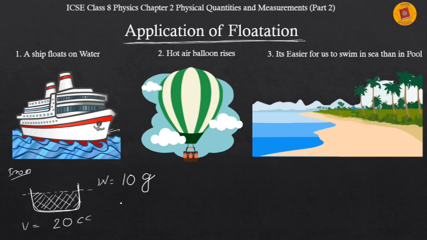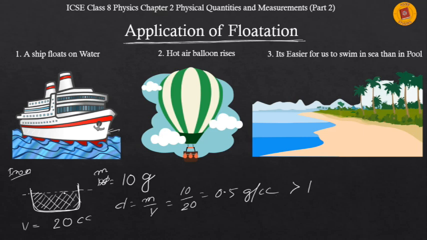Now what will be the density? Now it's not weight, let's take it to be mass. Mass is equal to 10 gram. D is equal to mass by volume. So it will be 10 divided by 20 is equal to 0.5 grams per cc, which is less than 1. So it will float on water.